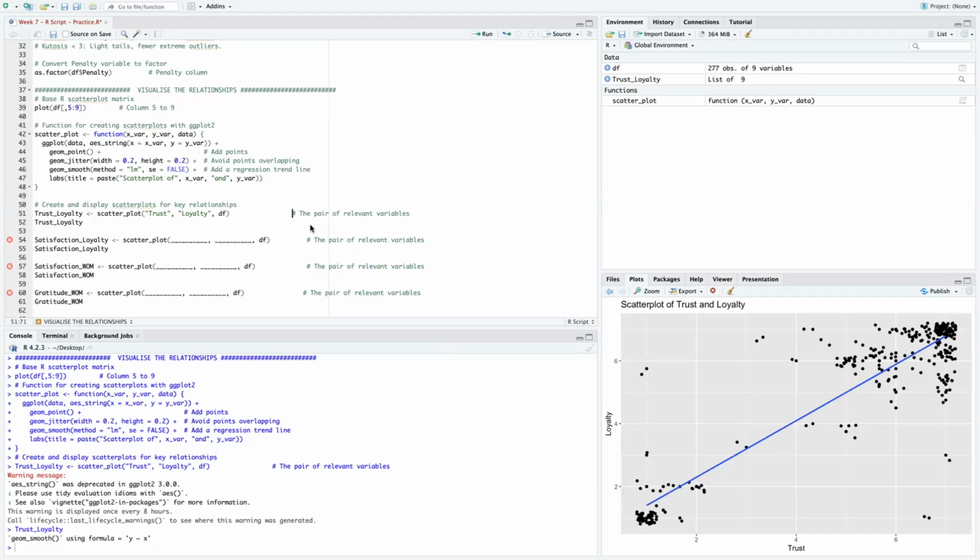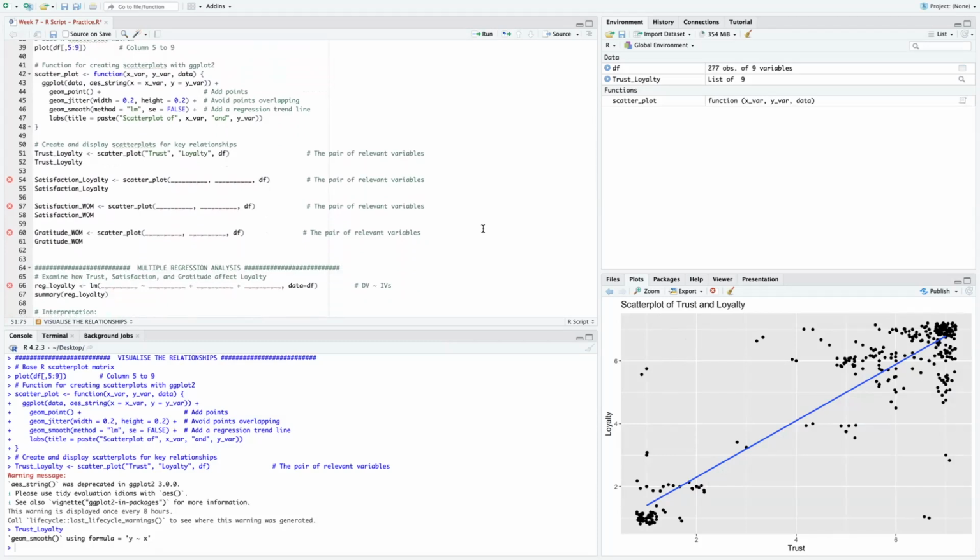Good. So right here you see we have a much better scatter plot to show the relationship between trust and loyalty, right? But not only creating the scatter plot, you need to understand what it means. So basically, you see the positive correlation between these two continuous variables, right?